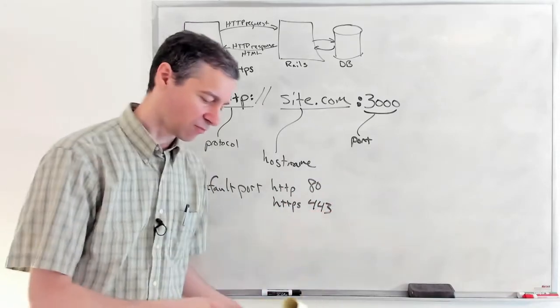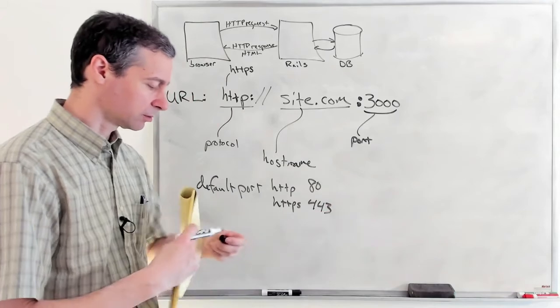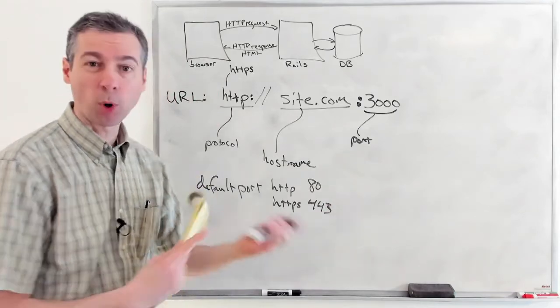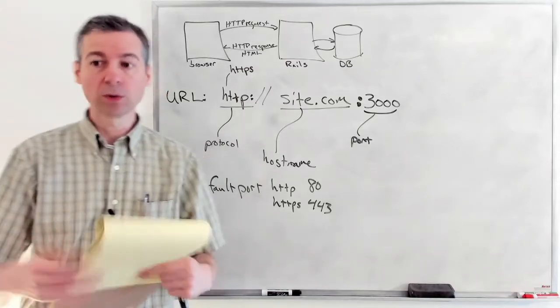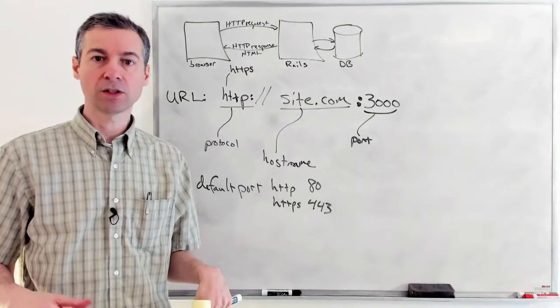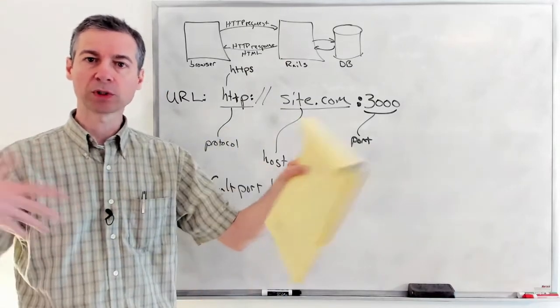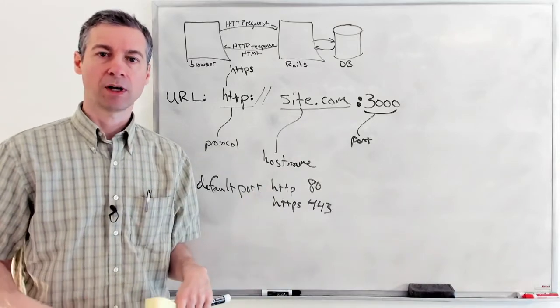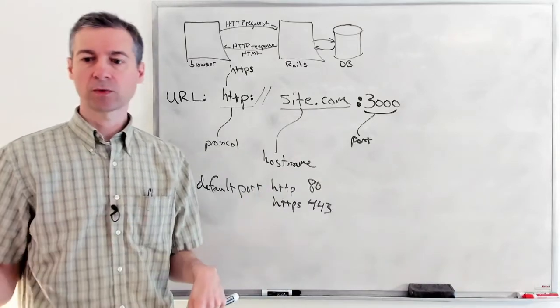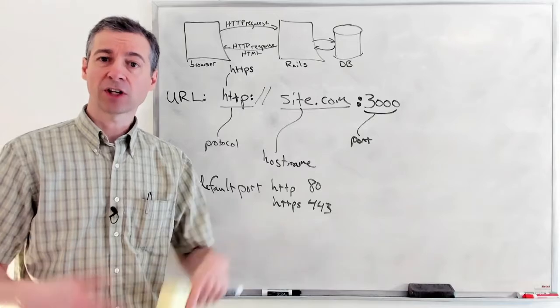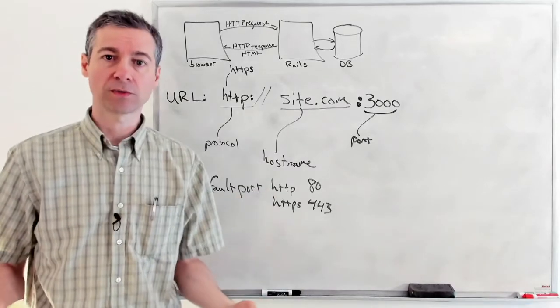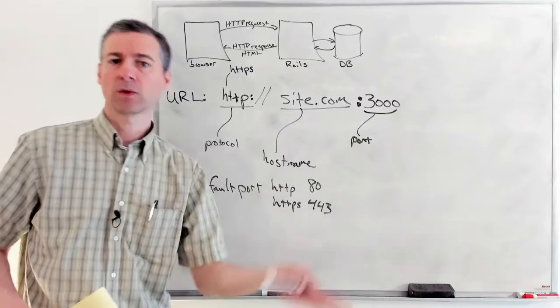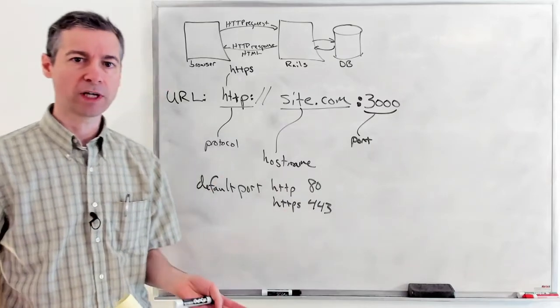So what's a port? Well, these servers, your computer, can have multiple connections at once. This is kind of like when you call the university and there are extensions. There's one number for the university, and then they say, which extension would you like me to connect you to?